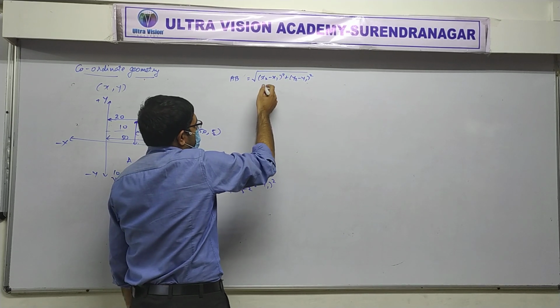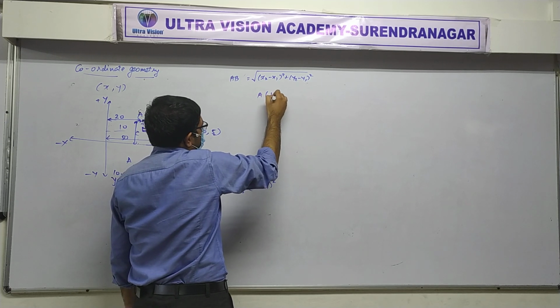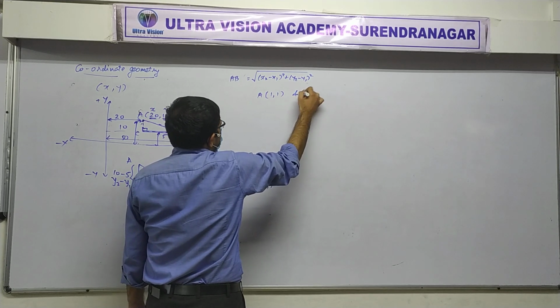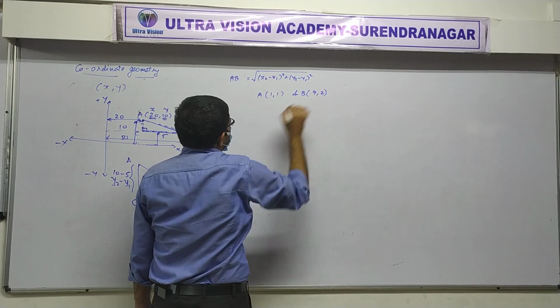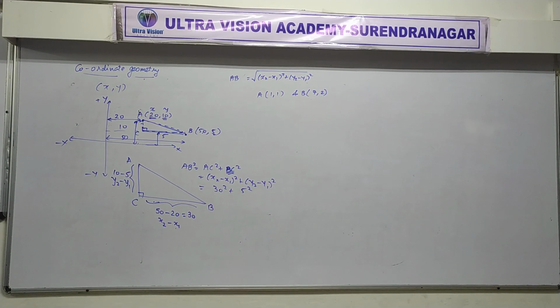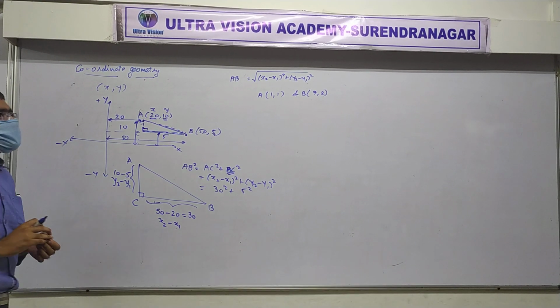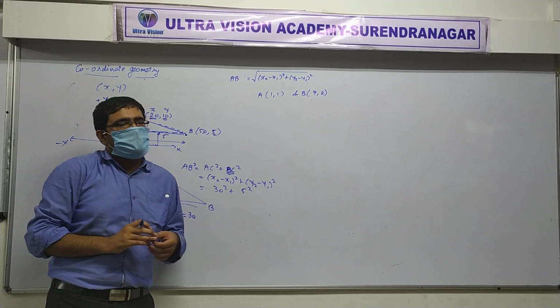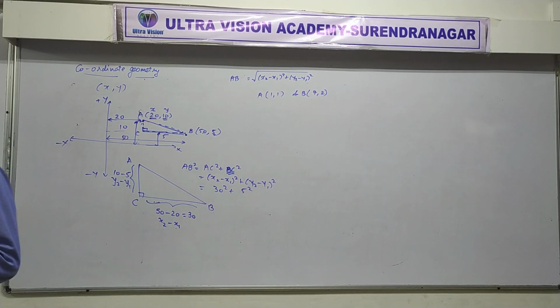So can you quickly find the distance between A (1, 1) and B (7, 2)? Give the answer in the form of a square root. What will be the distance between A and B?